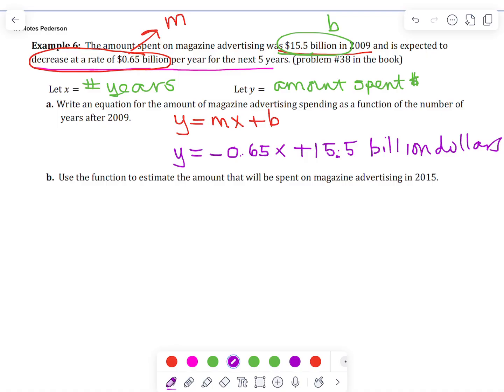Now part B says use the function to determine the amount that will be spent in 2015. We start this function at 2009, which means x is 0. Now we're going into the future, 2015. So how many years have gone by?